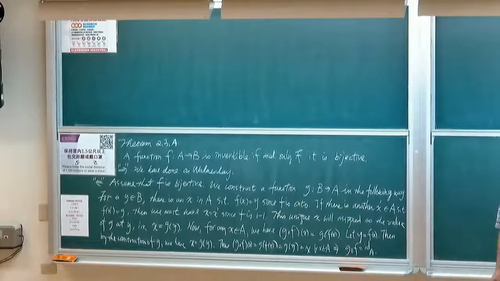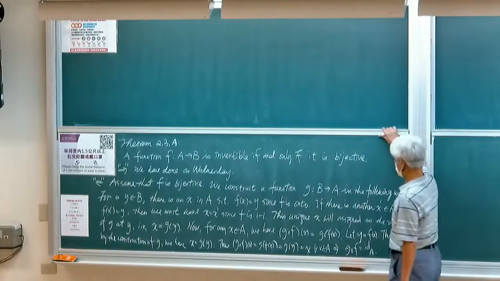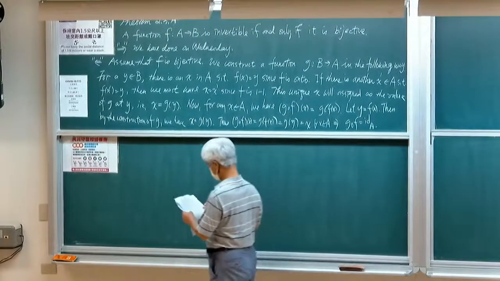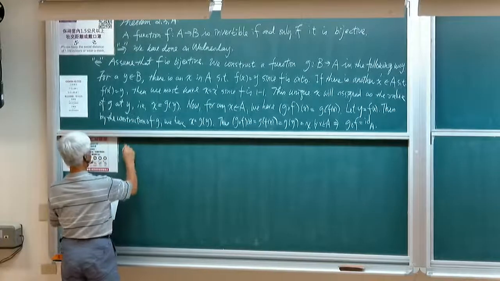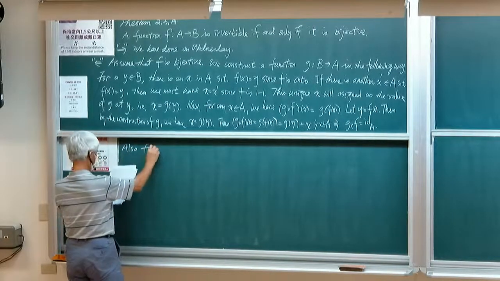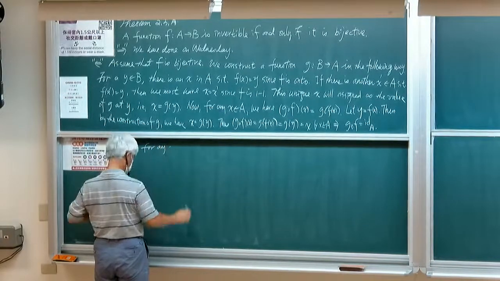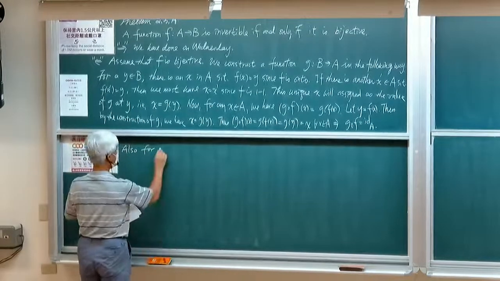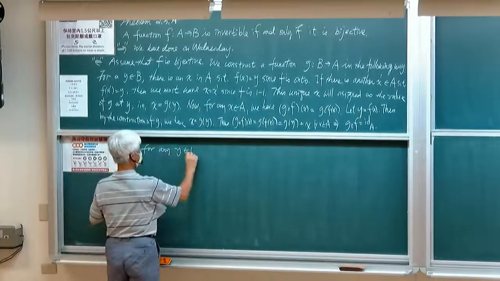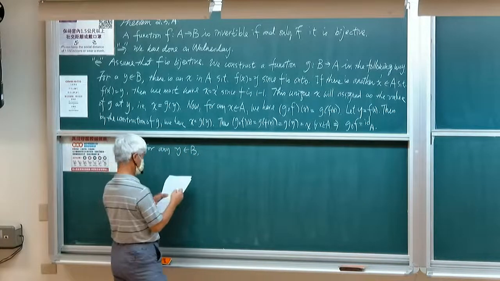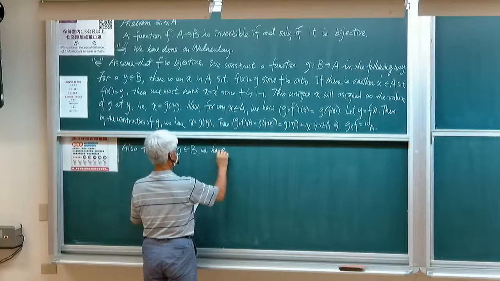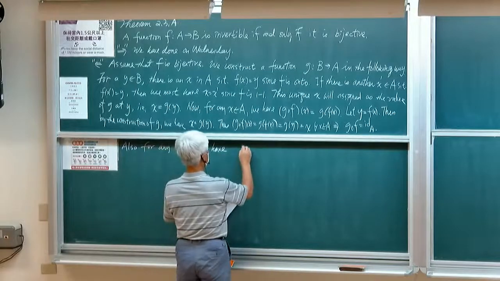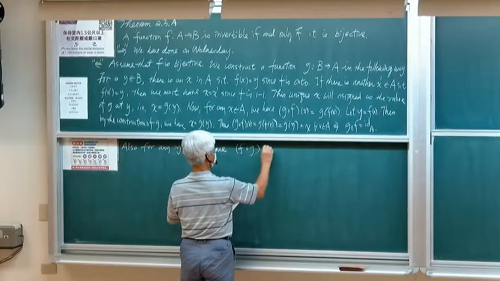Okay, so that is the first. Now, also for any y in B, we have f circle g of y.